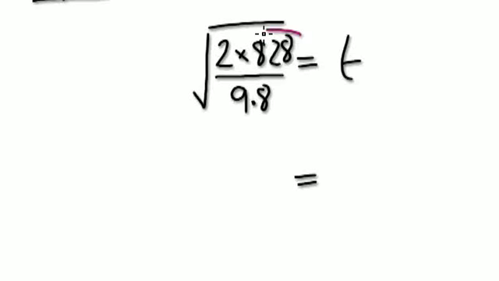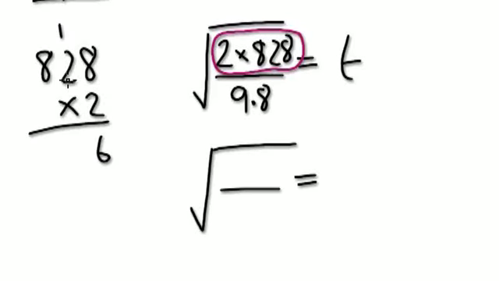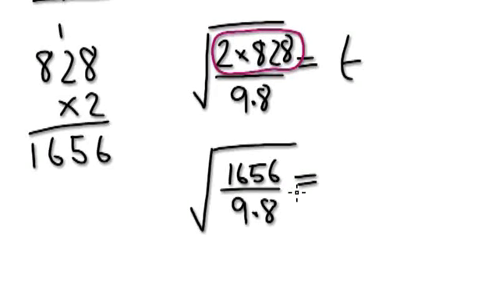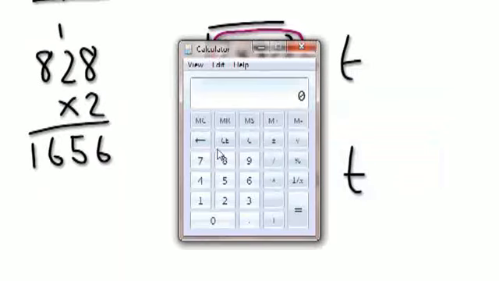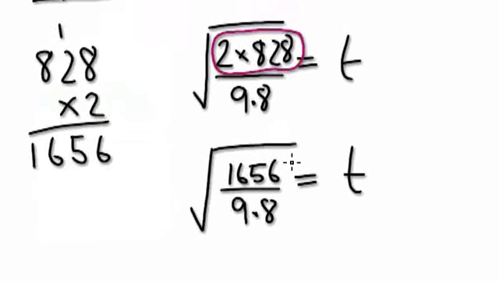So here, work out this bubble first. So this will be square root of 2 times 828, and then you times 2. This will be 1656. So it would be 1656 divided by 9.8. Okay, so that equals T. Let me get the calculator out. So here basically now we are trying to work out this bubble here.